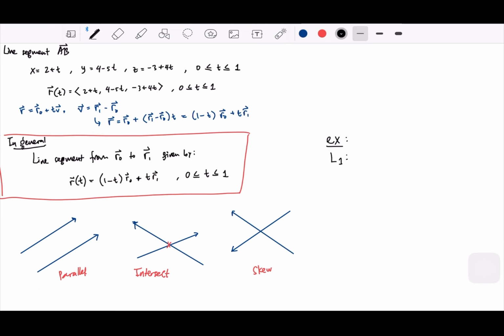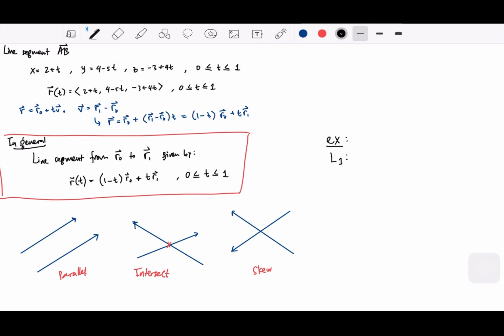Let's say we have line 1, with parametric equations x equals 1 plus t, y equals minus 2 plus 3t, and z equals 4 minus t. Line 2 has x equals 2s, where s is another parameter in this case, y is 3 plus s, and z is minus 3 plus 4s.